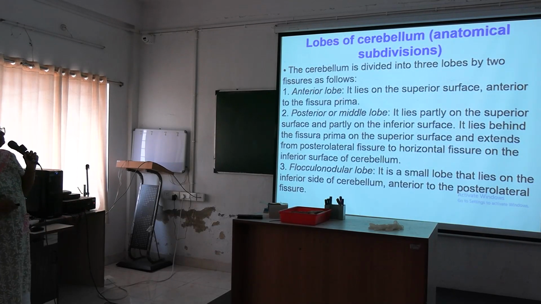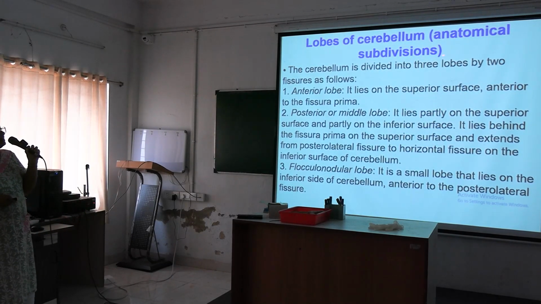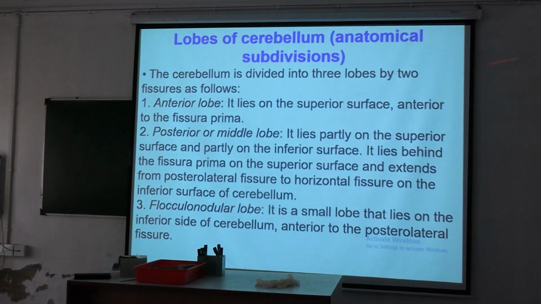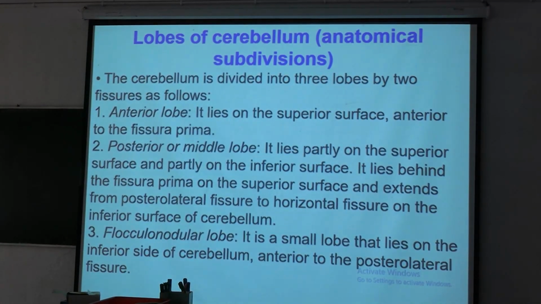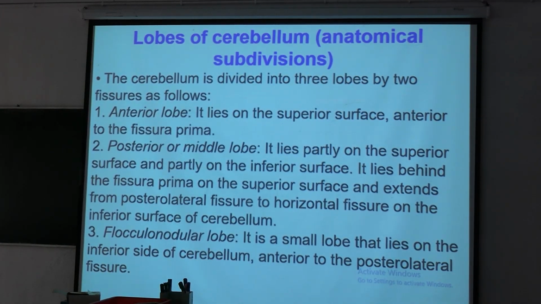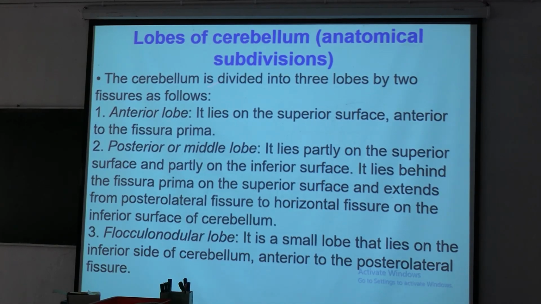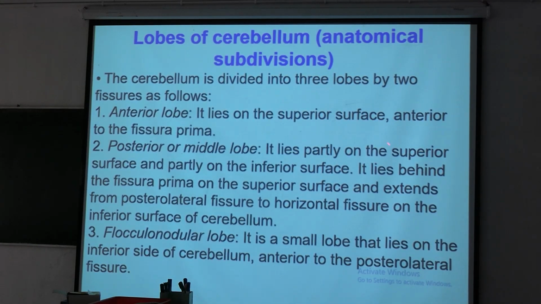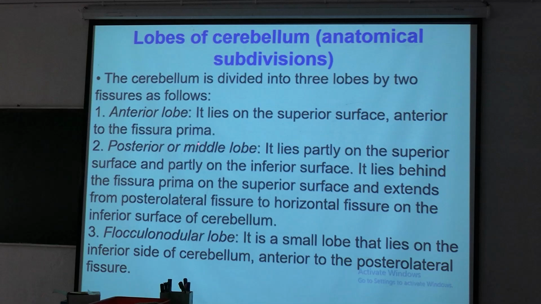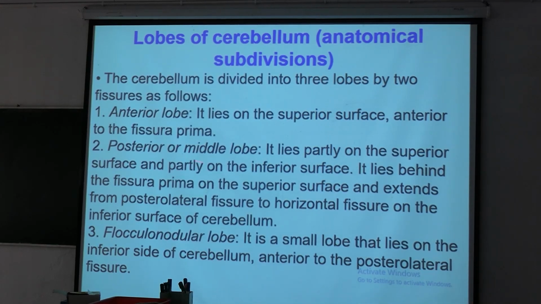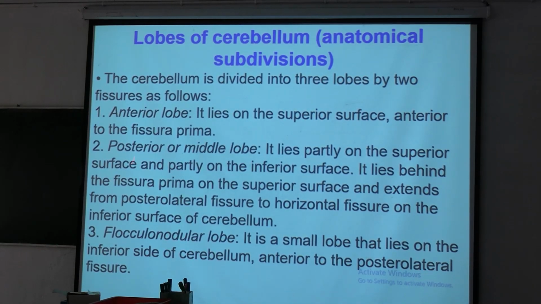Okay, so next we go to the anatomical divisions or lobes of the cerebellum. It is divided into three lobes by two fissures. The anterior lobe lies on the superior surface, anterior to the fissura prima. The posterior or middle lobe lies partly on the superior surface, partly on the inferior surface.